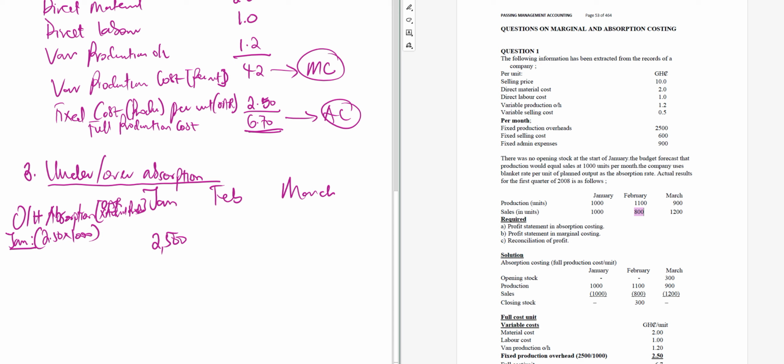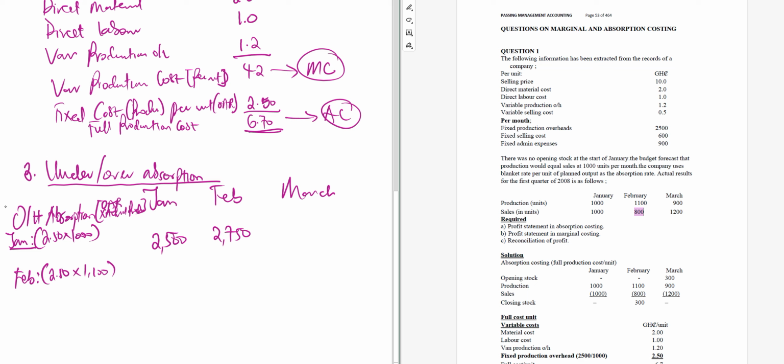When we go to February, our OAR is still 2 cedis 50 pesos, but we produced 1,100 units during that period. So 2.50 by 1,100 is 2,750.